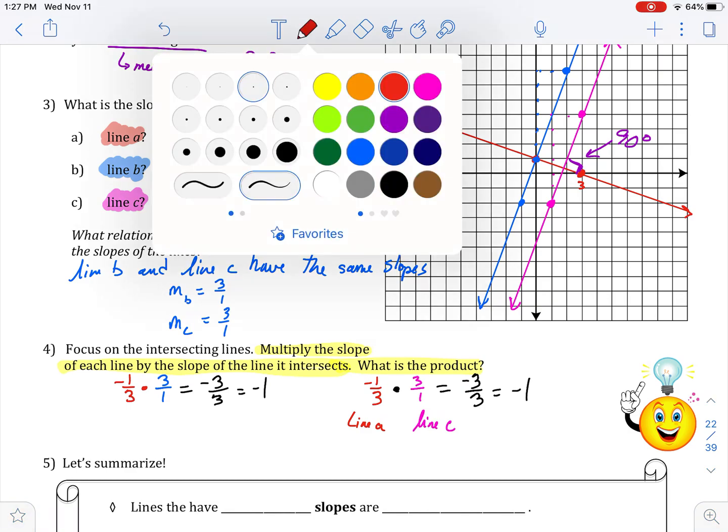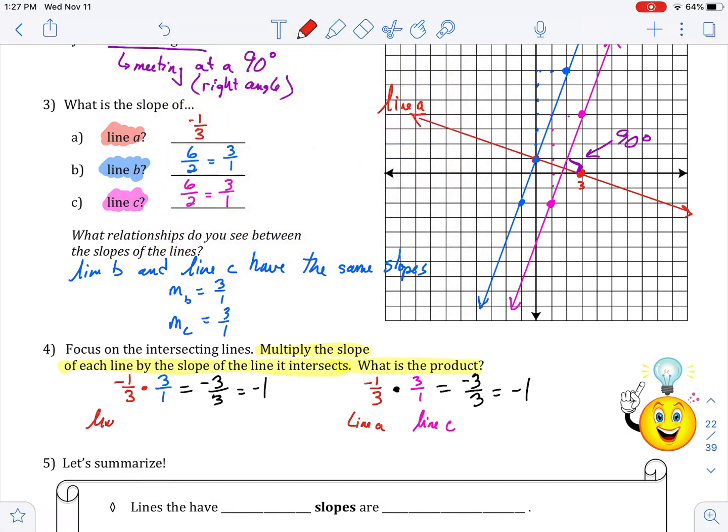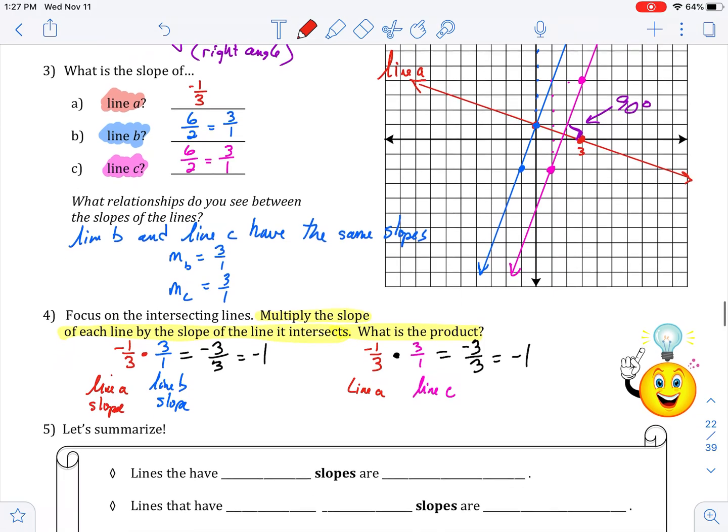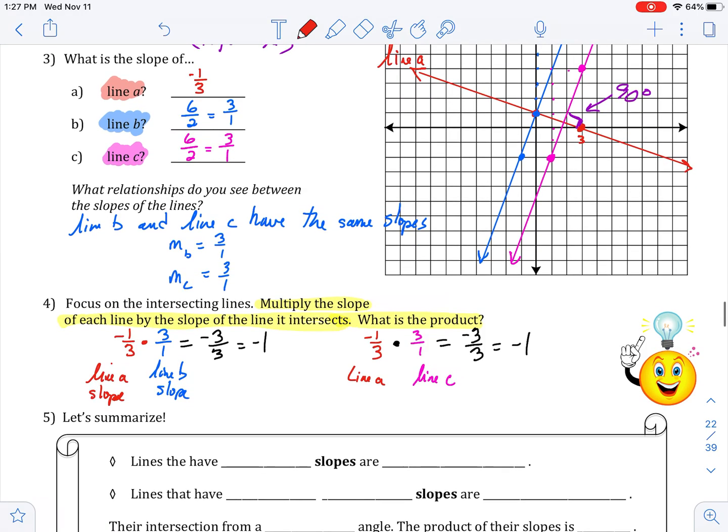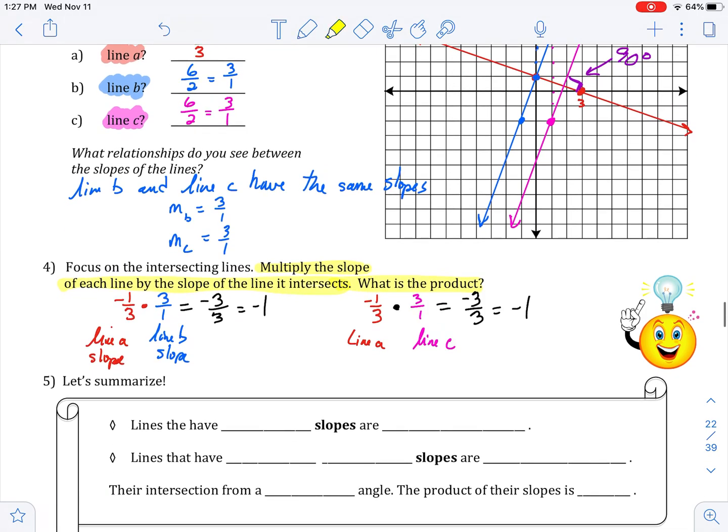I'm going to put some labels back on the first one here. This was the slope of line A. The one that we had in blue here was the line B slope. But what we want to recognize here is that the product is negative 1, and this is going to come up in our summarization down here at the bottom. So it says, let's summarize.